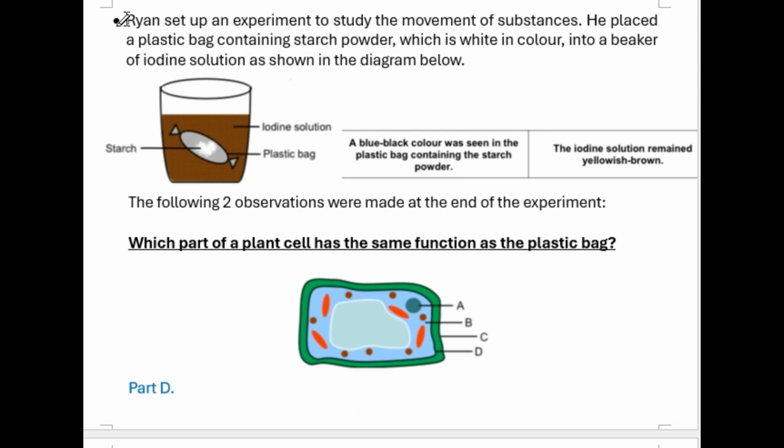Ryan set up an experiment to study the movement of substances. He placed a plastic bag containing starch powder, which is white in color, into a beaker of iodine solution, shown in the diagram below. The following two observations were made at the end of the experiment.